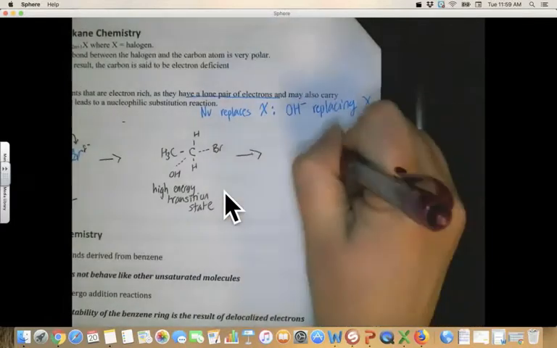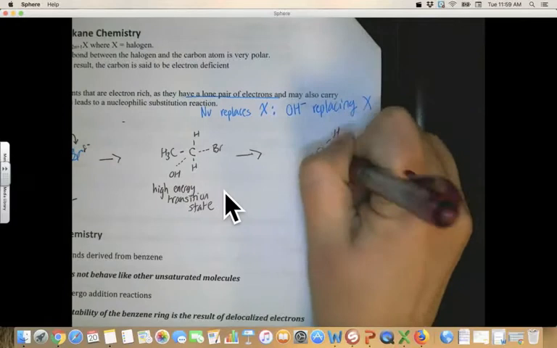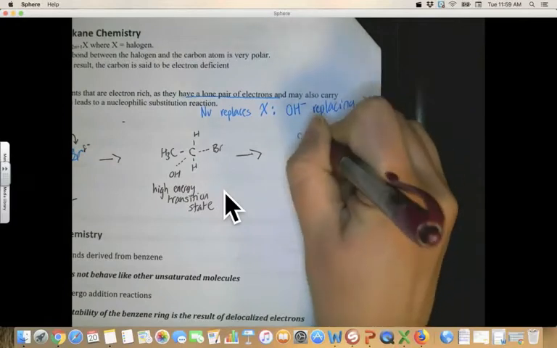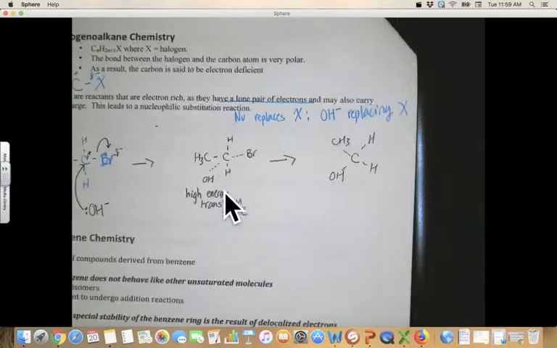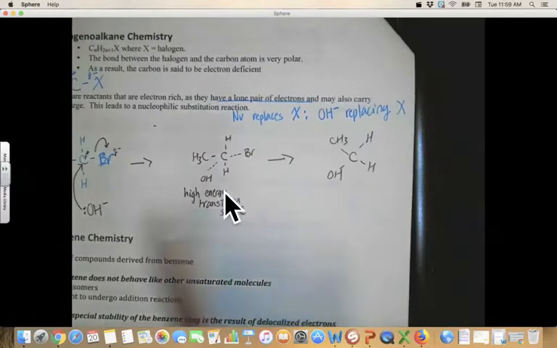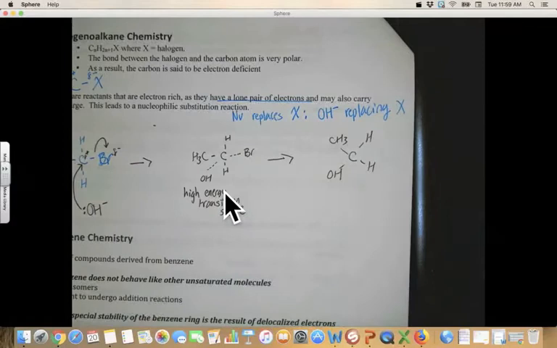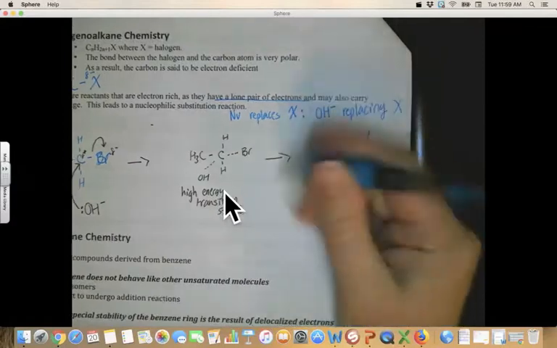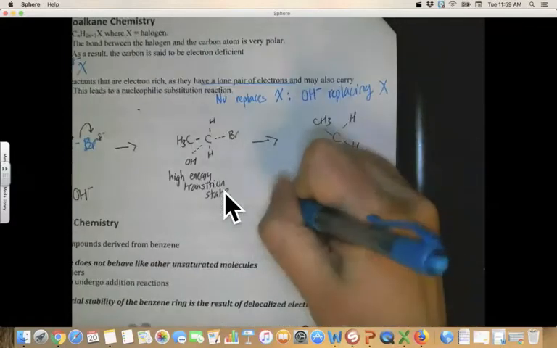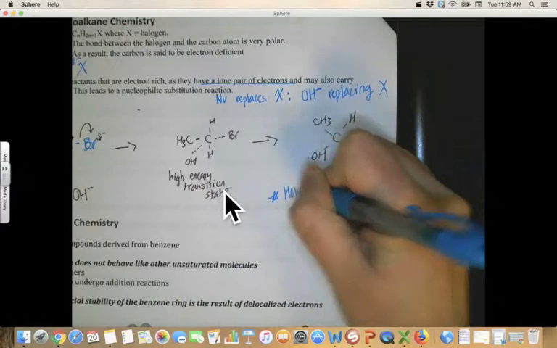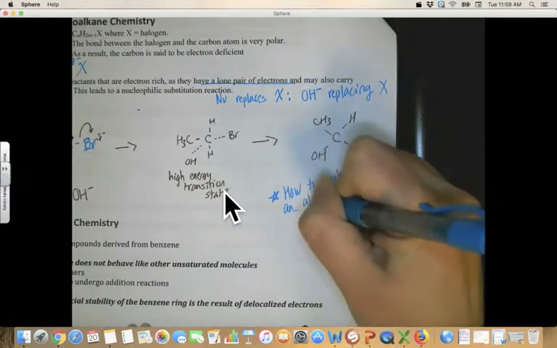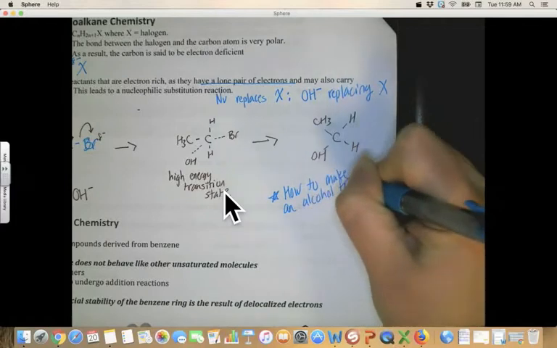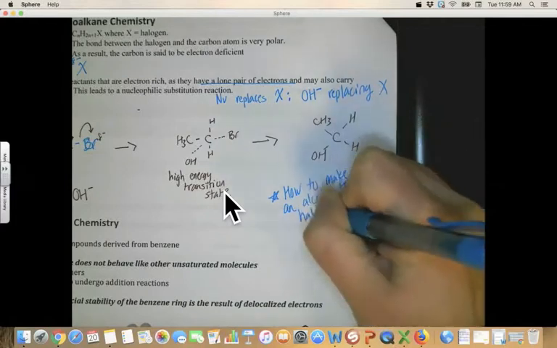And what you get out of this is your alcohol group has replaced the bromine. So this is a means of how to make an alcohol from a halogenoalkane.